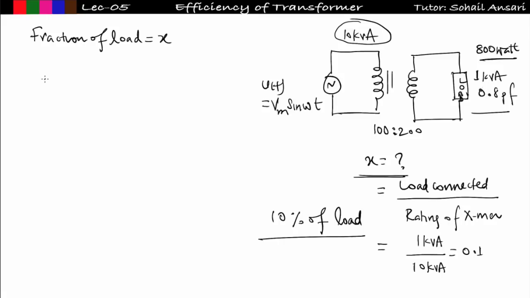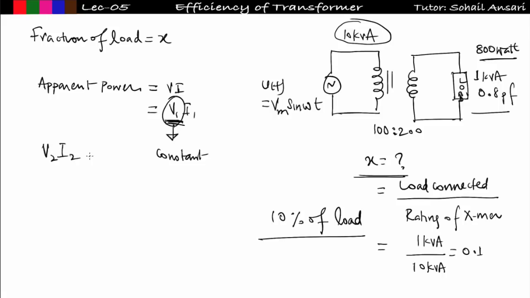Now one more point I would like to add. We know apparent power is equal to V into I, that is the product of voltage and current in the transformer. Let us say this is V1 into I1. This V1 is the supply voltage, so this will be constant for any transformer, and I1 depends upon the load. Similarly, let us say the apparent output power is V2 into I2.